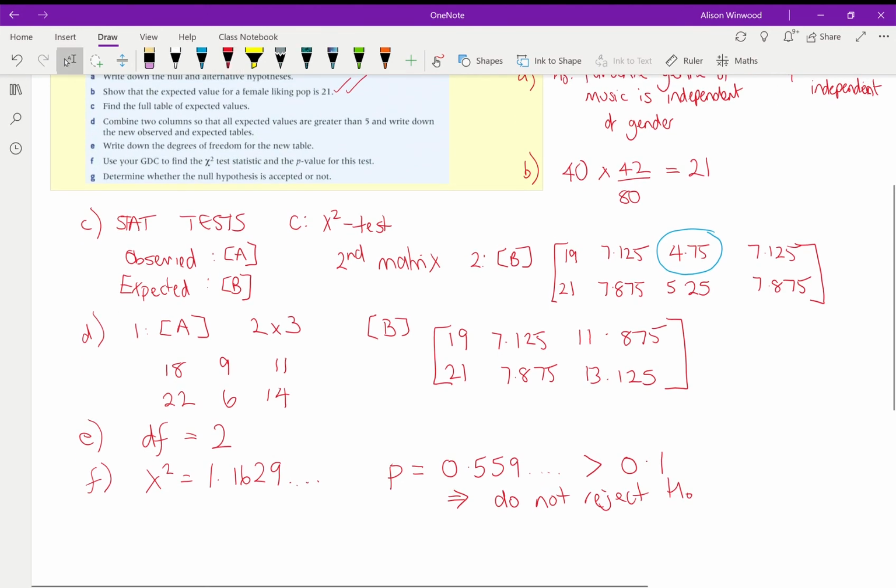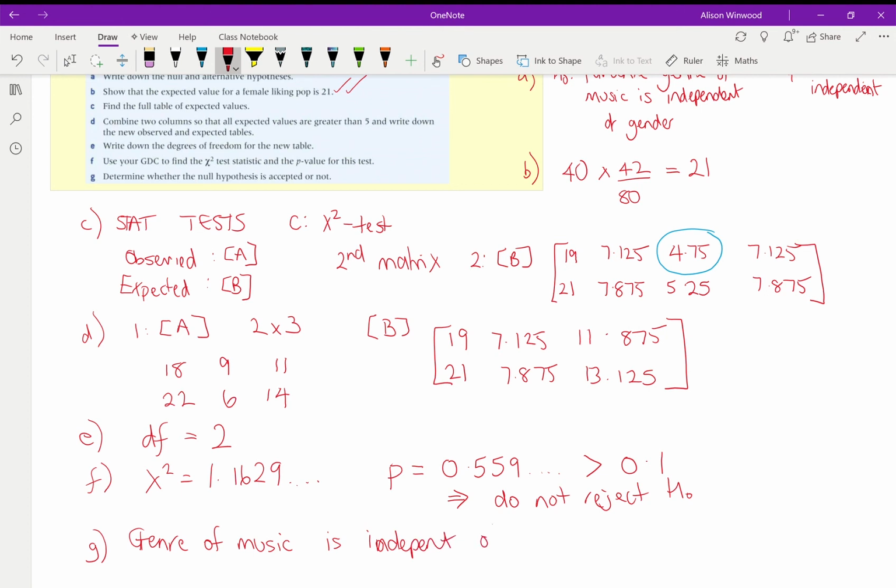So our final conclusion is that we do have independence. Independent of gender.